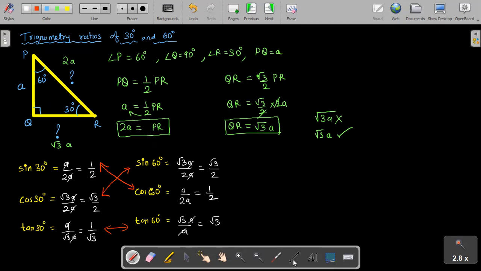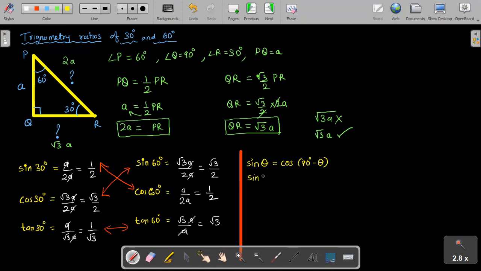Now, using this, you are going to tell me the other ratios. For example, sine theta equals cos of 90 degree minus theta. This ratio we already know. Okay, let us substitute in this the 30 degree.